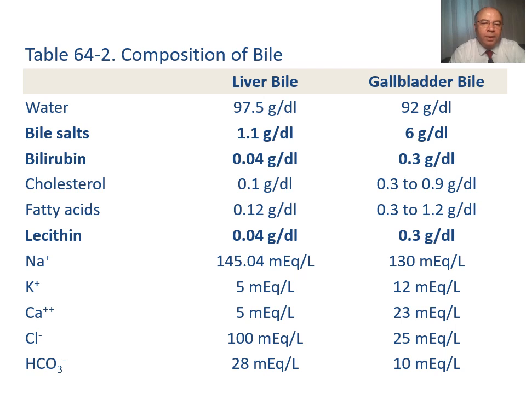So, composition of bile: you can see here water, bile salts, bilirubin, cholesterol, fatty acid, lecithin, ions. I made some of them bold, as you can see how concentrated they are. So bile salts, bilirubin, lecithin, they are concentrated too much.